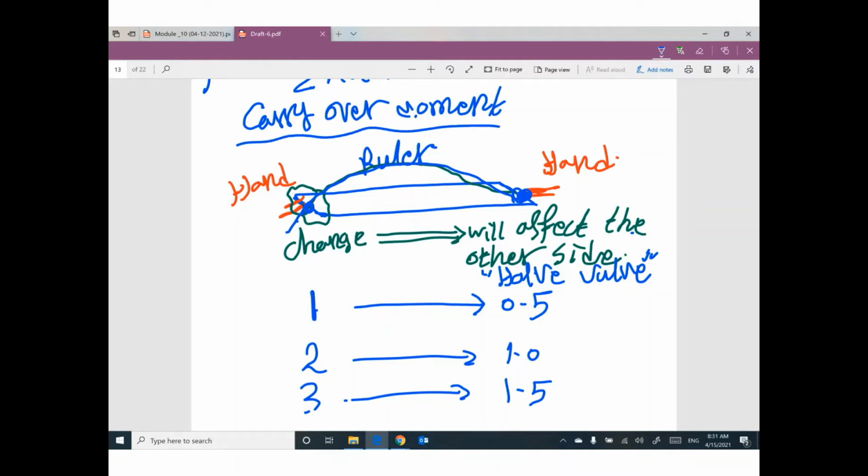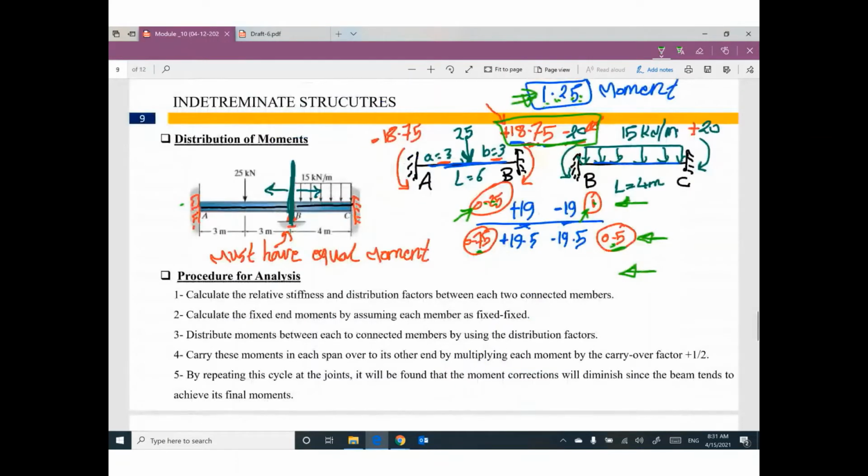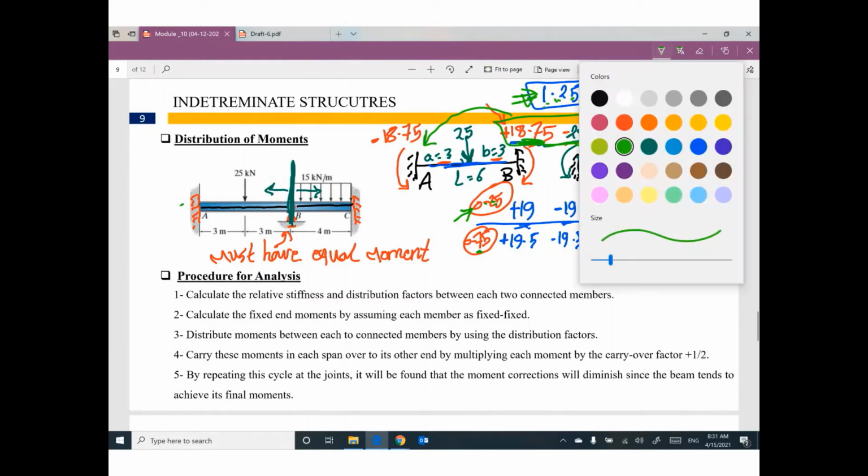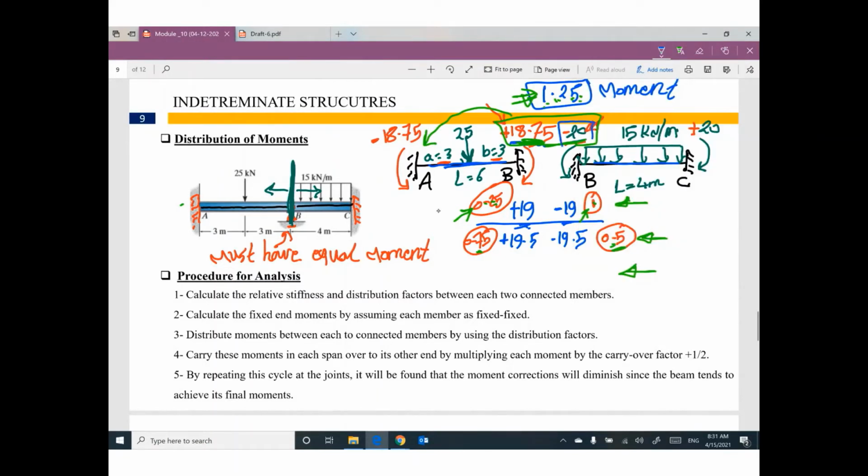What do you mean by carry over moment? I mean, you will increase this value, any change will affect the other side. You will decrease this value a little bit, any change will affect the other side of the same member.